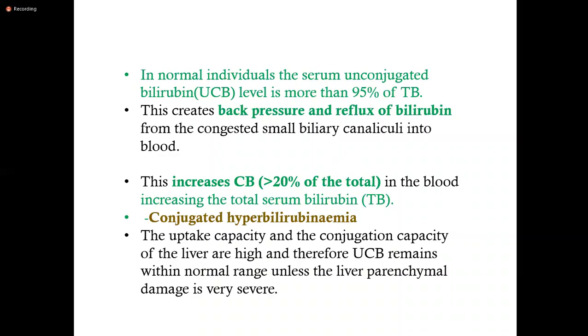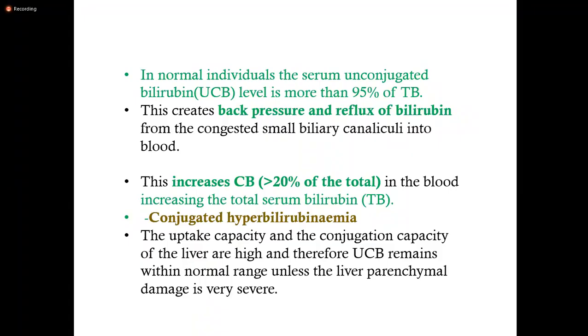So you say that in normal individuals, serum unconjugated bilirubin level is more than conjugated bilirubin. It is the major component of bilirubin in blood. Total bilirubin, TB, means total bilirubin. It's more than 95% of the total bilirubin. Conjugated bilirubin is very much less. So in this patient having hepatitis and then intrahepatic cholestasis, what happens?